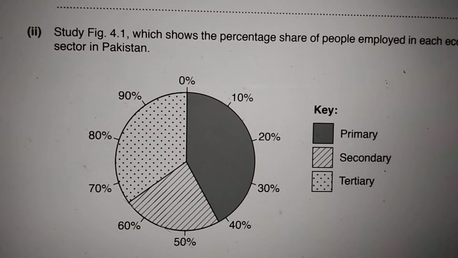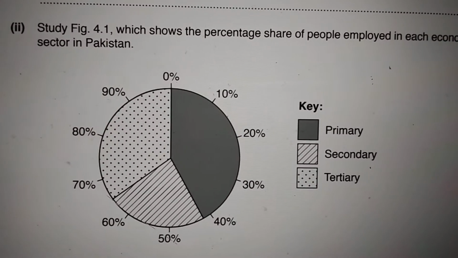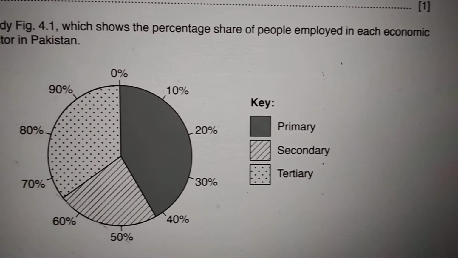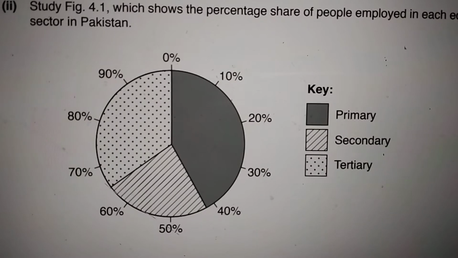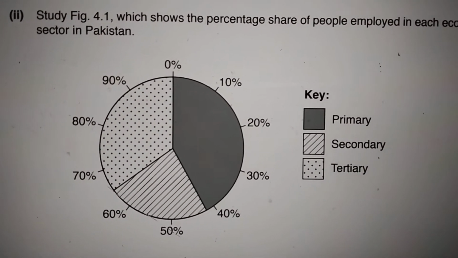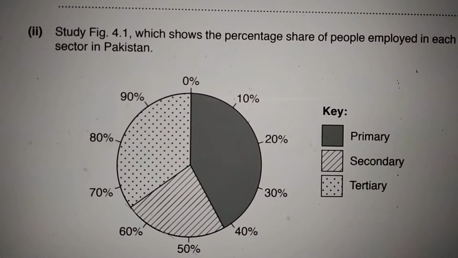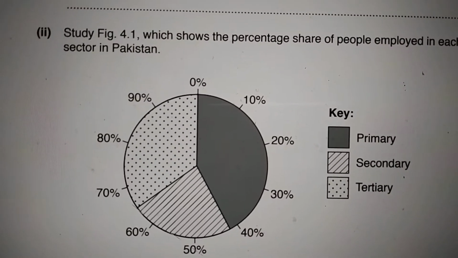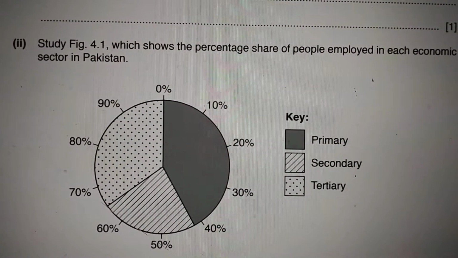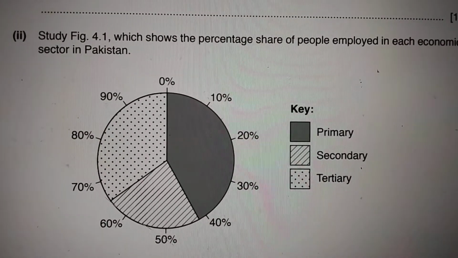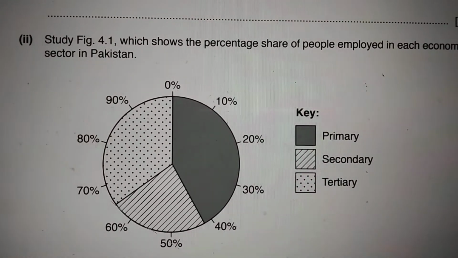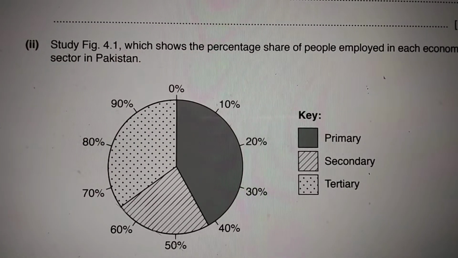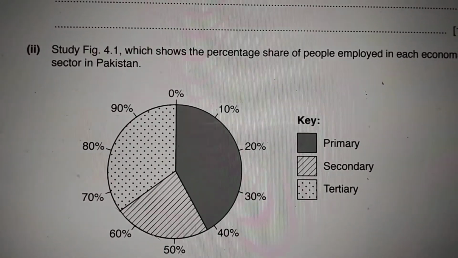Here you go, again a pie chart that shows the percentage share of people employed in each economic sector in Pakistan. We should be able to understand the angle of a sector, how we obtain it, and how to calculate specific shares in quantity. So mathematics is involved. Whether it is geography or economics or business, there will be some mathematics involved.